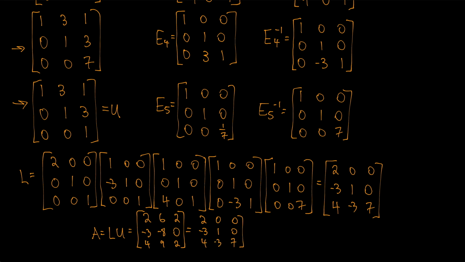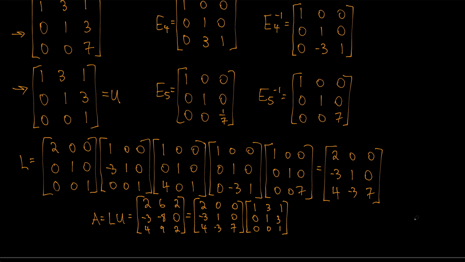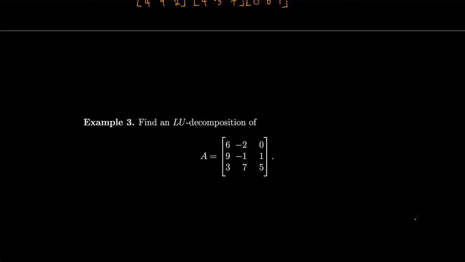That was our L. And U, we reduced to 1, 3, 1, 0, 1, 3, 0, 0, 1. So yeah, it's way easier to solve for x when you already have the LU decomposition.